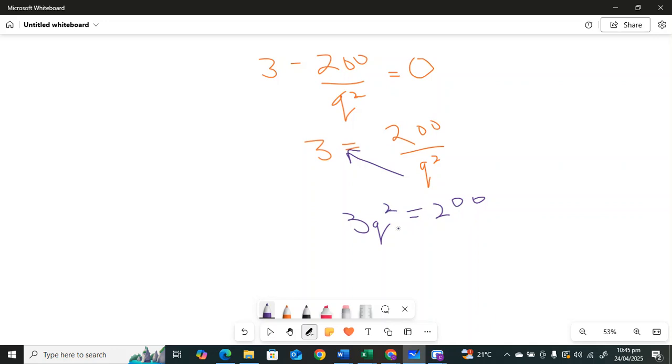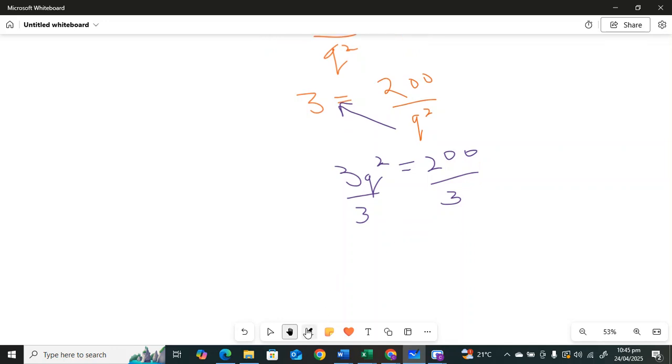Then what's the next thing we do? Yes, because we want the q to remain alone. Whenever you want to find the value of a variable, you always want the variable to remain alone. So 200 divided by 3.